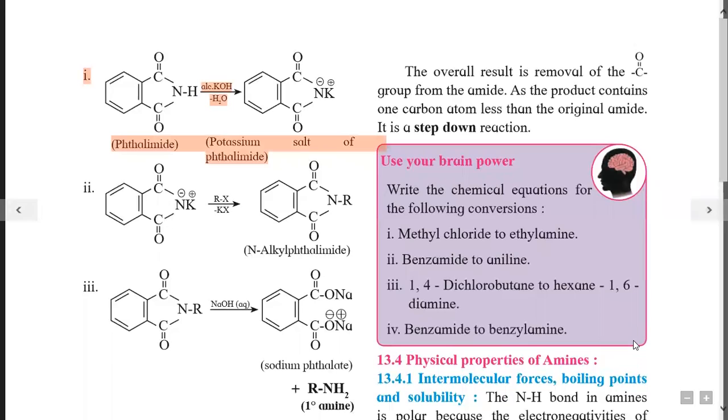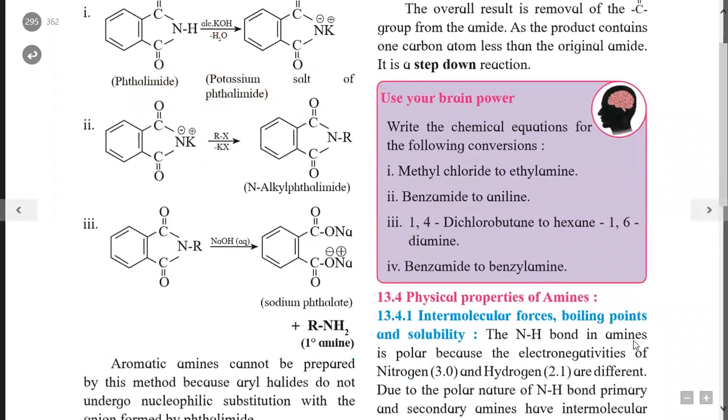In the presence of alcoholic KOH, loss of H2O takes place and the potassium salt of phthalimide is formed. So here the benzene ring contains C double bond O, C double bond O, and the hydrogen atom is replaced by K, that is potassium, giving the potassium salt of phthalimide. So that is step number 1.